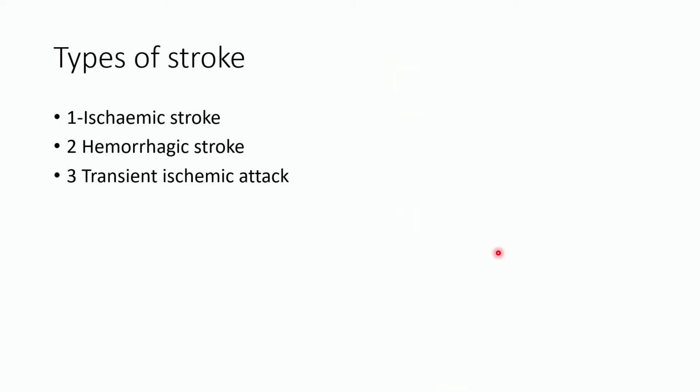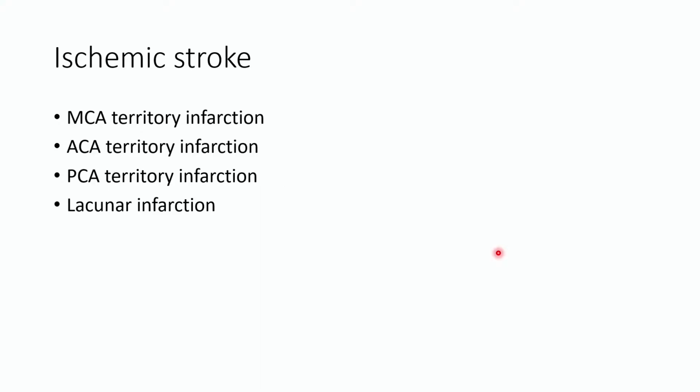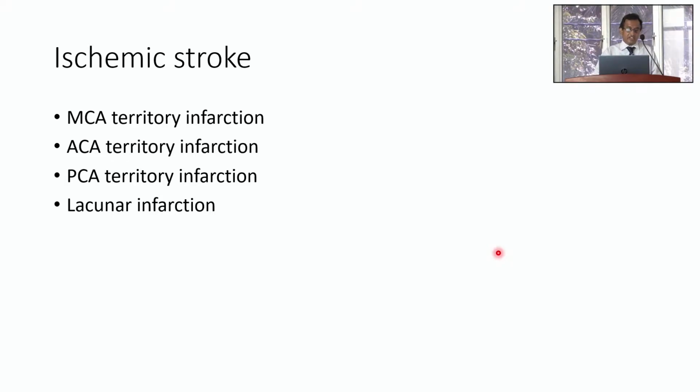Good morning, everybody. I am Dr. Prathipan, a consultant radiologist. I am going to discuss the imaging of stroke. Stroke can be divided into ischemic stroke, hemorrhagic stroke, and transient ischemic attack. Ischemic stroke can be further divided according to the arterial supply of the brain into middle cerebral artery territory infarction, anterior cerebral artery territory infarction, posterior cerebral artery territory infarction, and lacunar infarction.